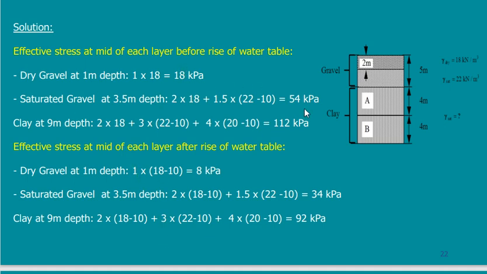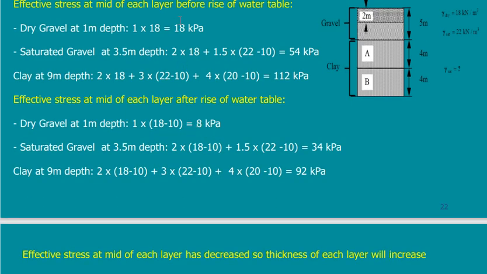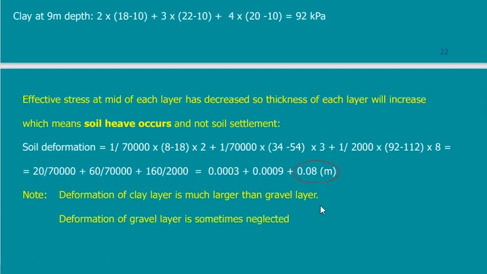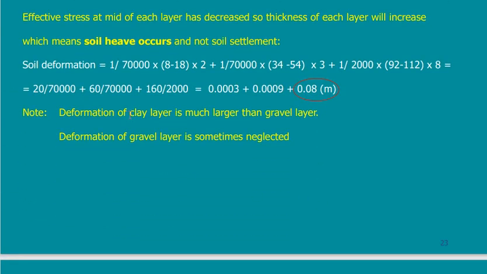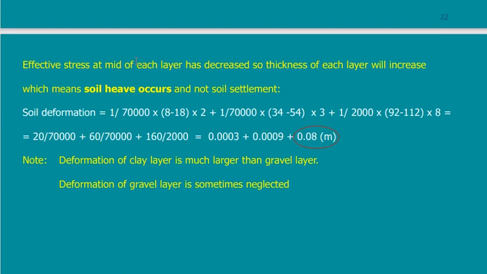For the first case, I had these 3 numbers. For the second case, the numbers were reduced from 18 to 8, from 54 to 34, and so on, from 112 to 92. Then I can calculate the effective stress at mid of each layer as described.